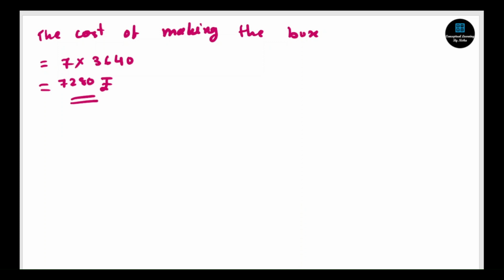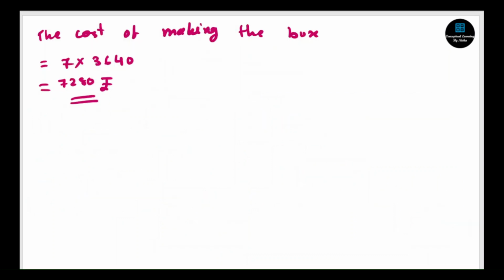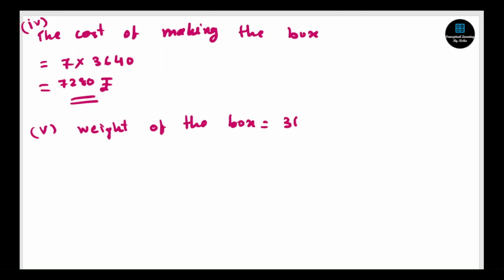Alright, and now they are asking us to find the weight of the box if 1 centimeter cube equals 0.75 grams. So this was the fourth answer and the fifth answer now. So the weight of the box equals 3640, which was the volume which we got, and 0.75.